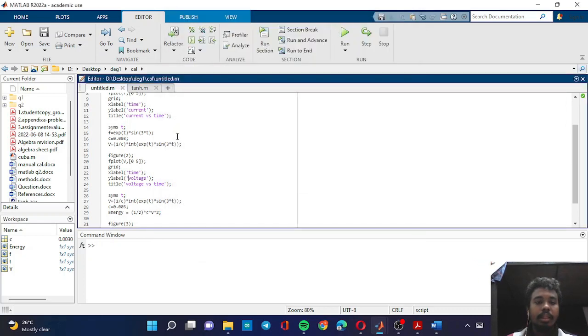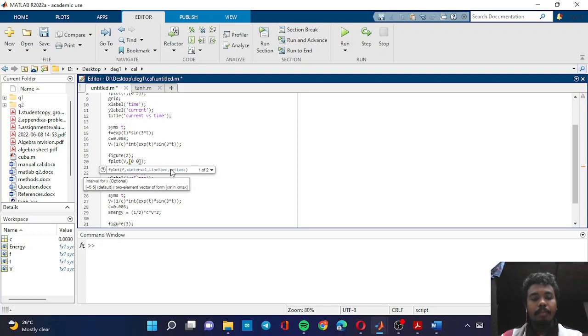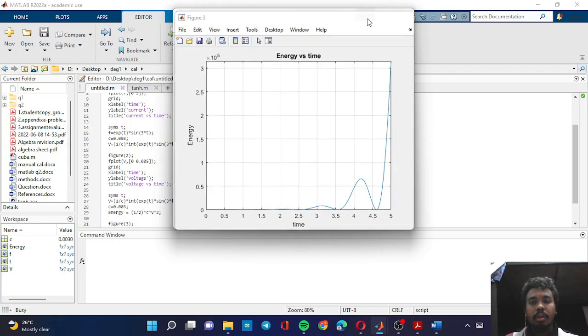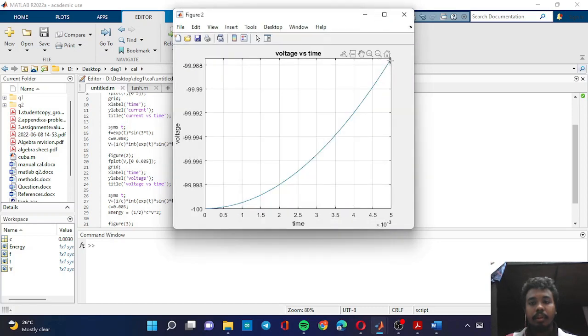It asks for the voltage after t equals 0.4 ms. So I use this 0.05 to plot a graph here. When time is after 0.005, the voltage will be negative 99.9875.